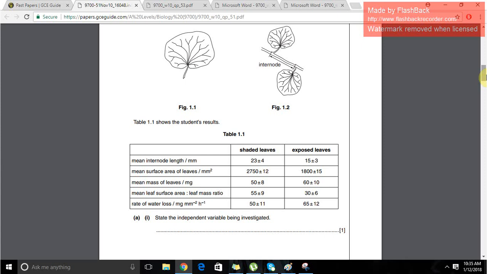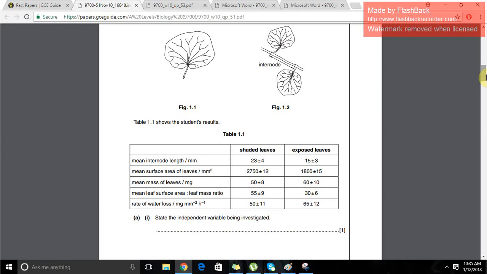And then there is the mean surface area of the leaves, and this is given in millimeters squared. So the mean surface area, the average surface area, in the case of the shaded leaves, is 2750 compared to 1800.